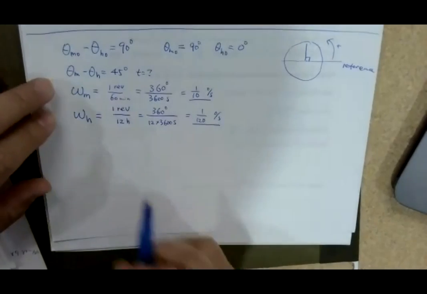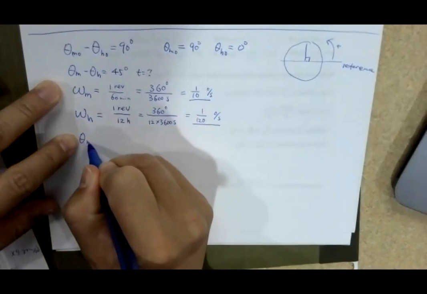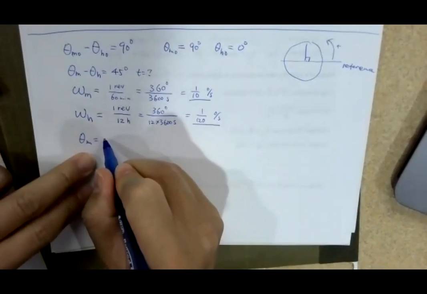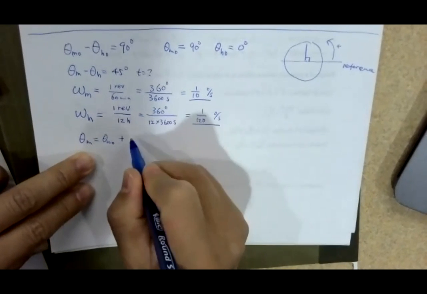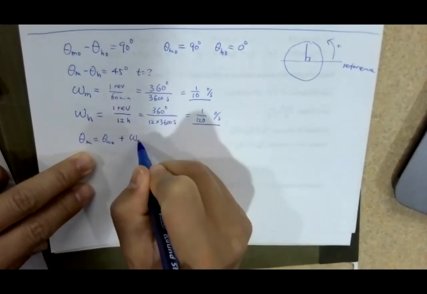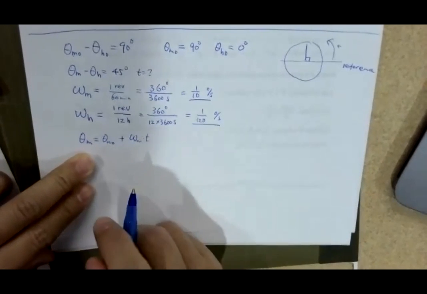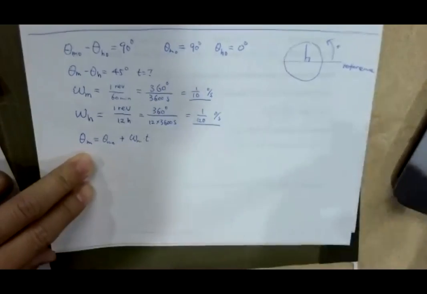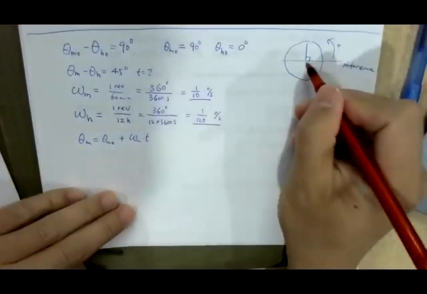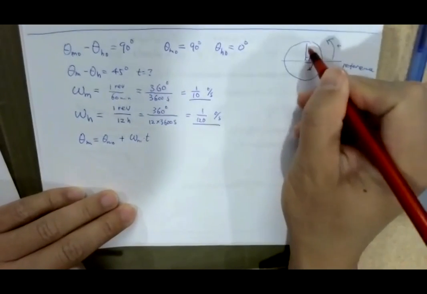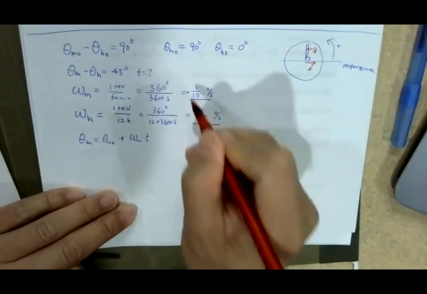So then my final position for the minute arm should be equal to its initial position plus omega m times t, right? Now I should point out that the two arms are going clockwise, right? This is going clockwise, and this guy is also going clockwise. So the speed should be negative, okay?